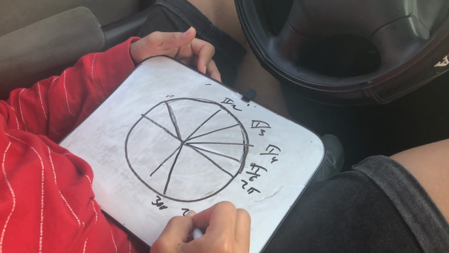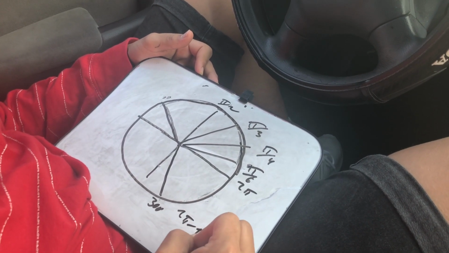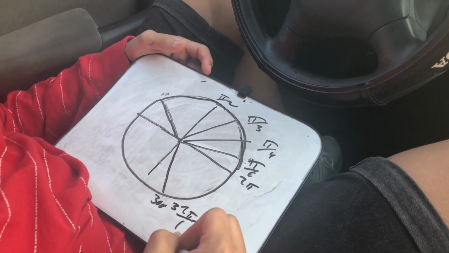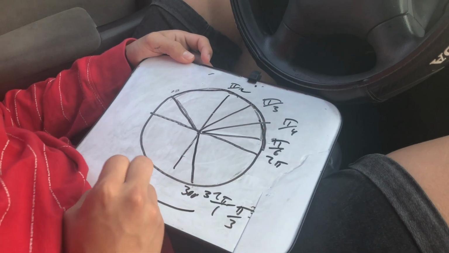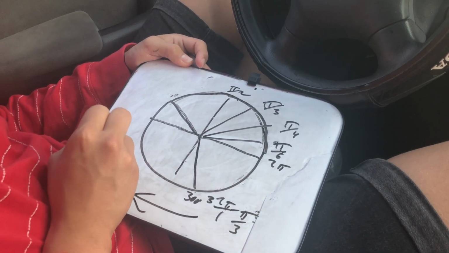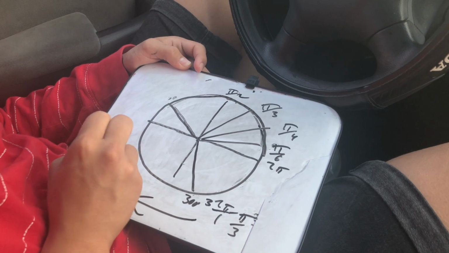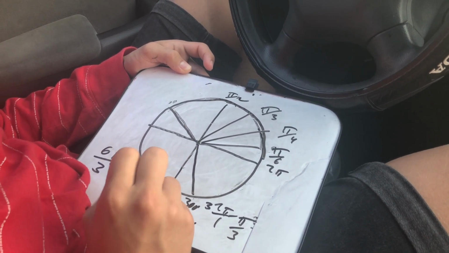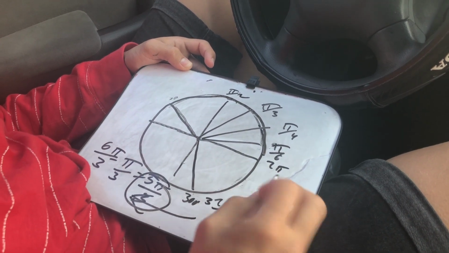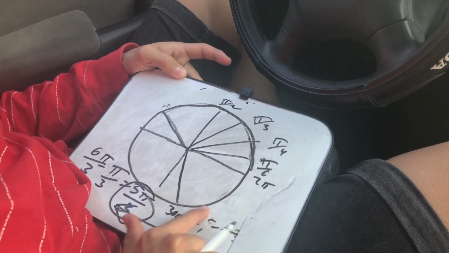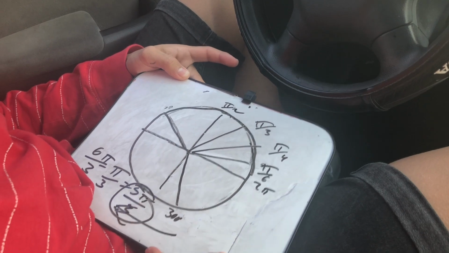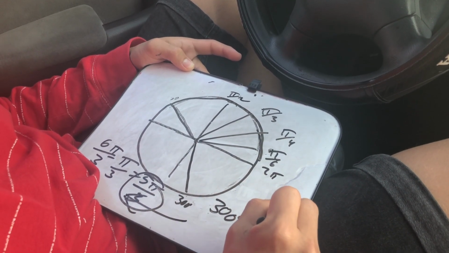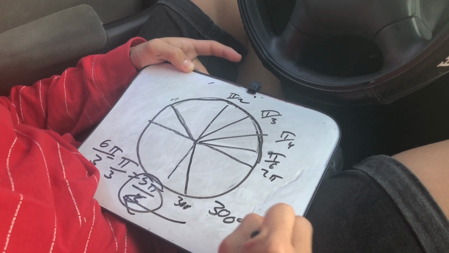So you would do 2 pi minus pi over 3. You want to get your common denominators, so you multiply by 3. So then you would get 6 pi over 3 minus pi over 3 is equal to 5 pi over 3. Okay, so 300 degrees is equal to 5 pi over 3.